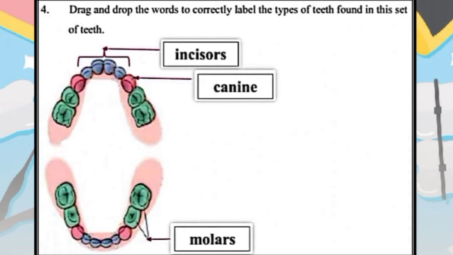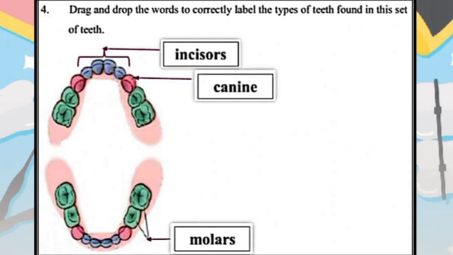Now as you know, our 4 canine teeth sit next to incisor. We have 2 canine on the top of our mouth and 2 on the bottom of our mouth. So here teeth which are next to incisor are canine.